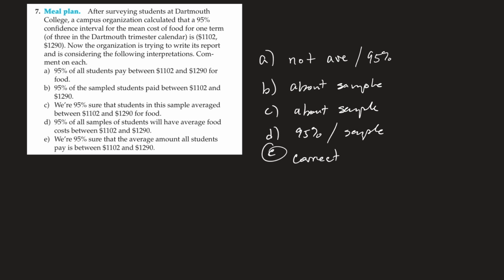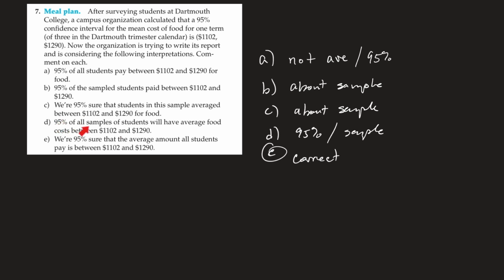And then D. A lot of us today wanted to go with D or E as the correct answer. In 95% of all samples, it starts off kind of like describing how we used to describe the 95%. 95% of all samples of students will have an average food, and there again, it goes into the 95%. It's not 95% of all samples of students, it's 95% of samples will produce a confidence interval.